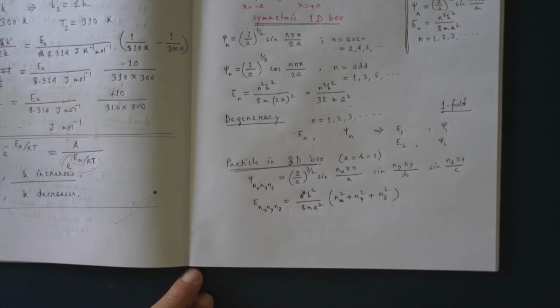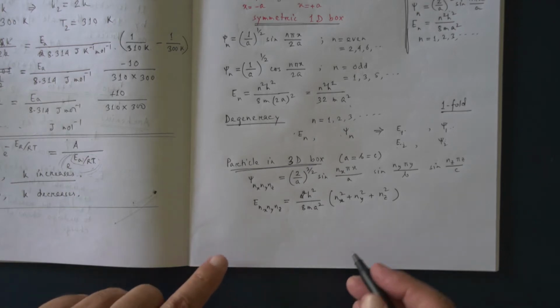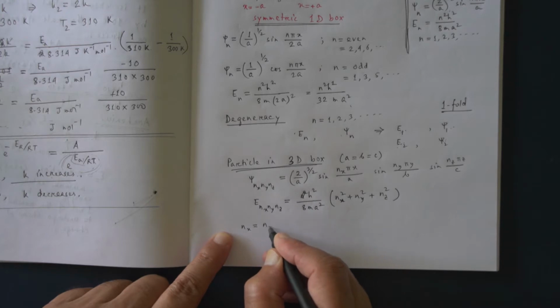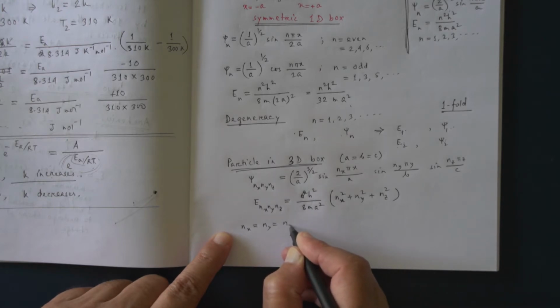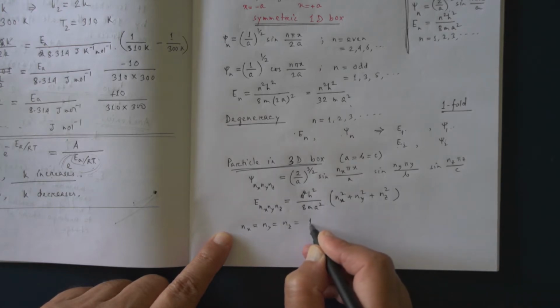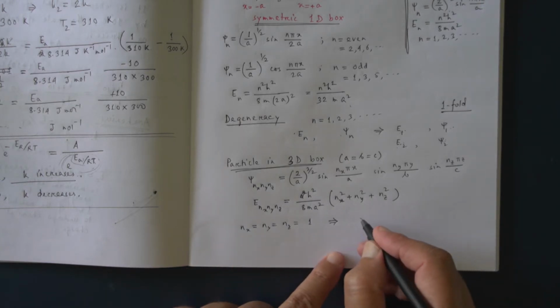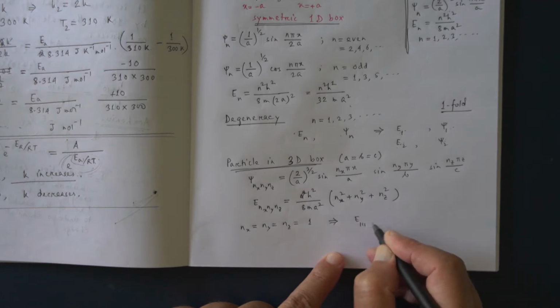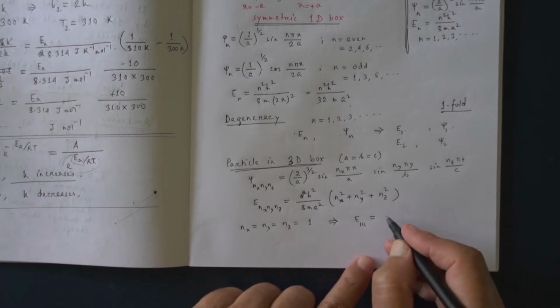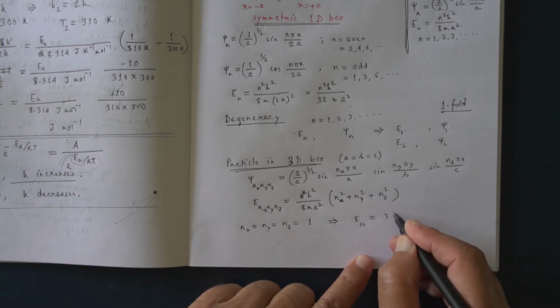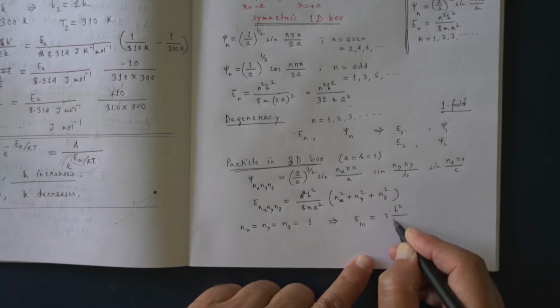Now here you see, when nx equals ny equals nz equals 1, then we have one energy value, E111, and that energy equals 3 h square by 8 m a square.